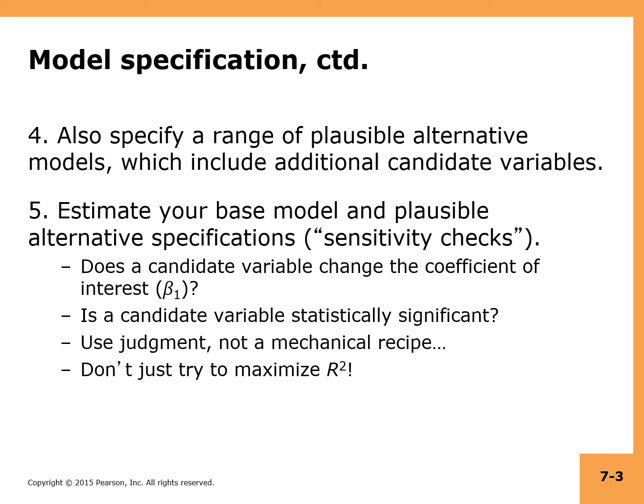The next step is to come up with alternative models where other candidate variables are included. Then you estimate your baseline model as well as your alternative models, and we call this sensitivity checks. When you're doing sensitivity checks, you're checking if your variable of interest coefficient, or coefficient of interest, changes a lot when you include these additional variables.